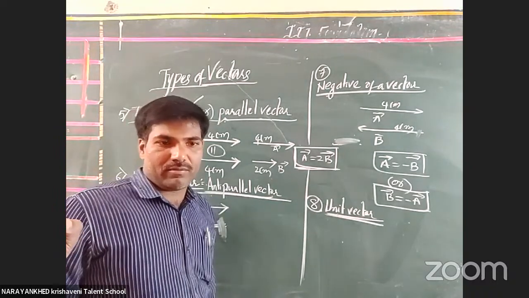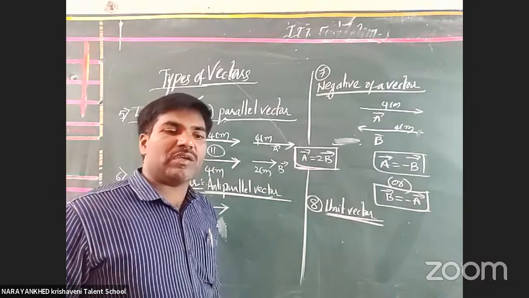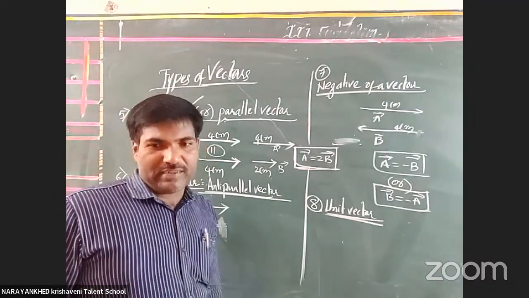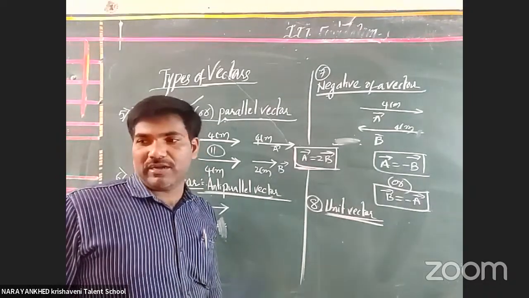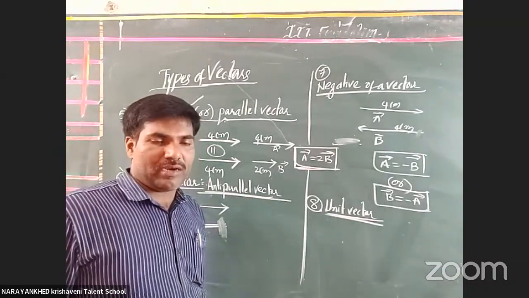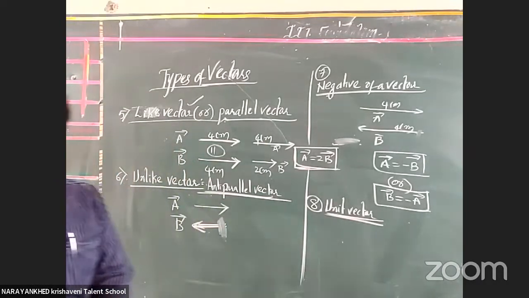Okay, now clear or not? Magnitude is a unit, that vector is called a unit vector. How do we write that? You have to take a vector and divide it by its magnitude, whatever it may be. At that time, we get a unit vector. I hope you got it here.